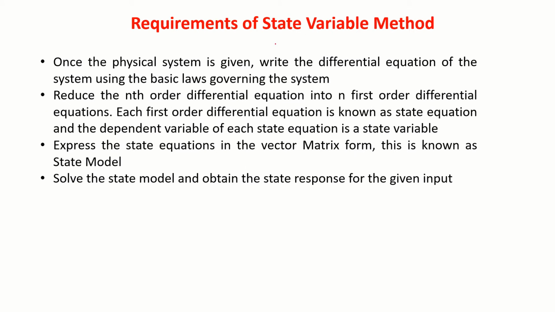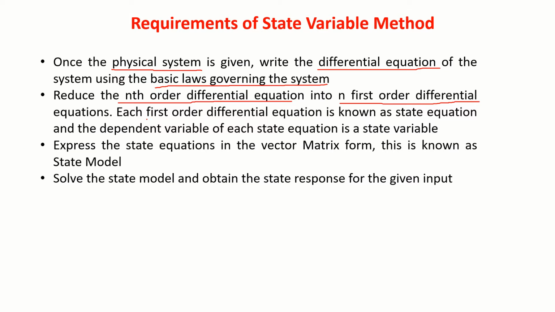What exactly do we do in the state variable method? A physical system will be given. We need to write the differential equation of that dynamic system using the basic laws governing the system. We might get an nth order differential equation. We have to reduce it into n first order differential equations.